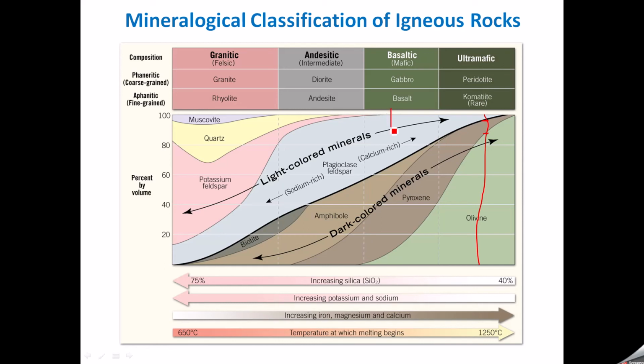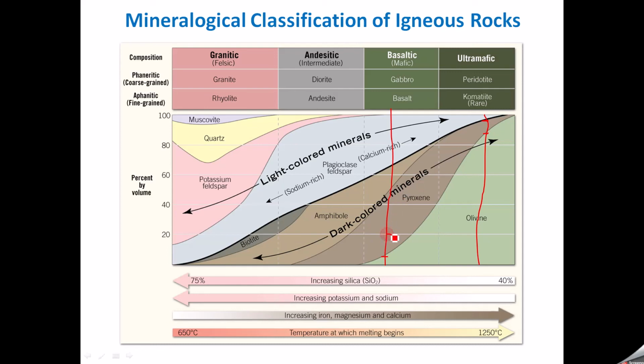The same thing if I want to find the chemical composition of basaltic, well, let's go basaltic. Basaltic here, this is a basaltic rock. So I defined the gabbro rock. I see I have 5% olivine, because this is scale 20, 40, 60.